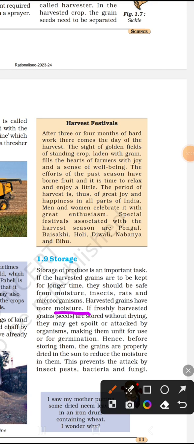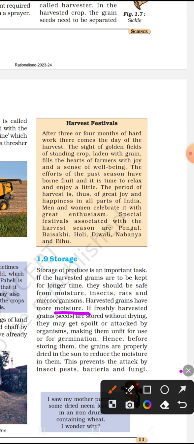If freshly harvested grains are stored without drying, what happens with this moisture? Insects, rats and microorganisms attack them, and they may get spoiled and become unfit for use for germination or other purposes.